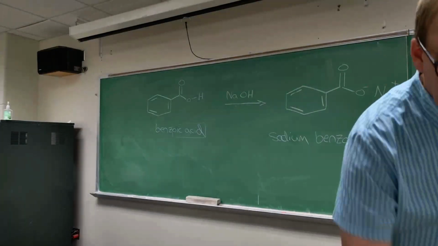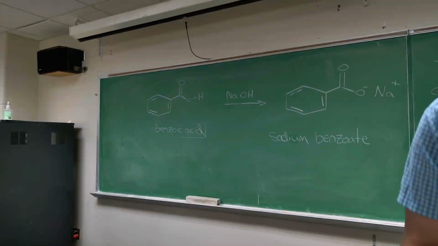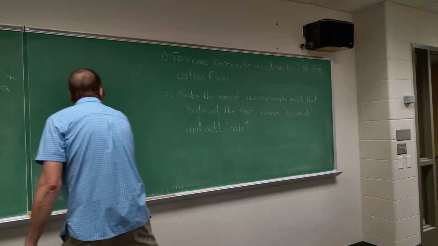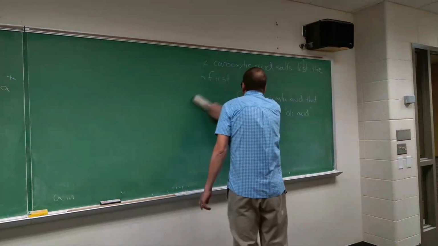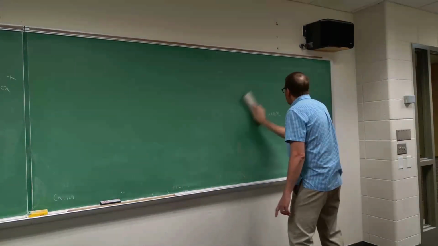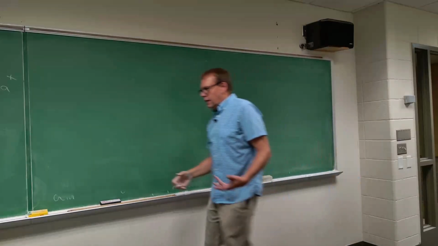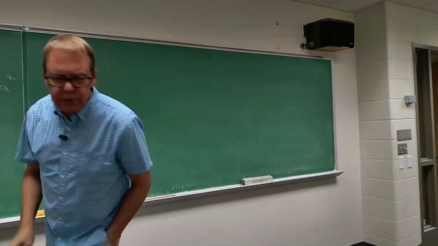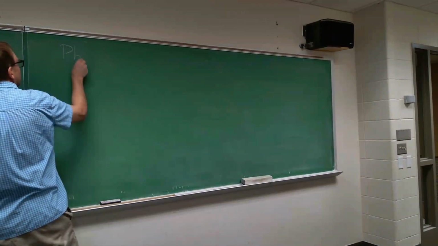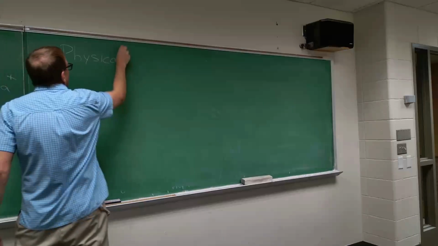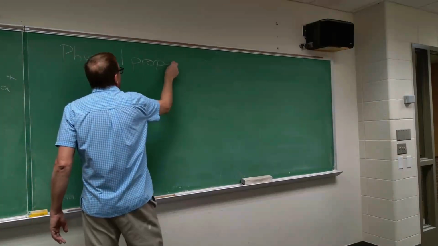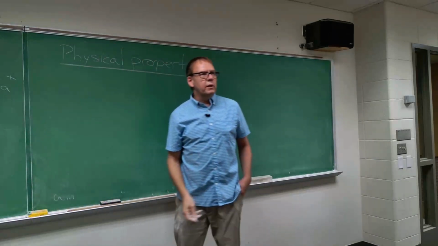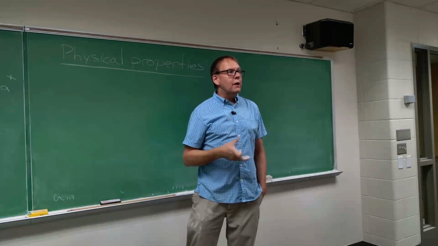All right, let's chat about something else. Let's talk about physical properties for a little while. Carboxylic acids have this functional group on them that is rich in partial charge density, and it leads to some interesting physical properties. Essentially, carboxylic acids are very high boiling because they form a species called a dimer.